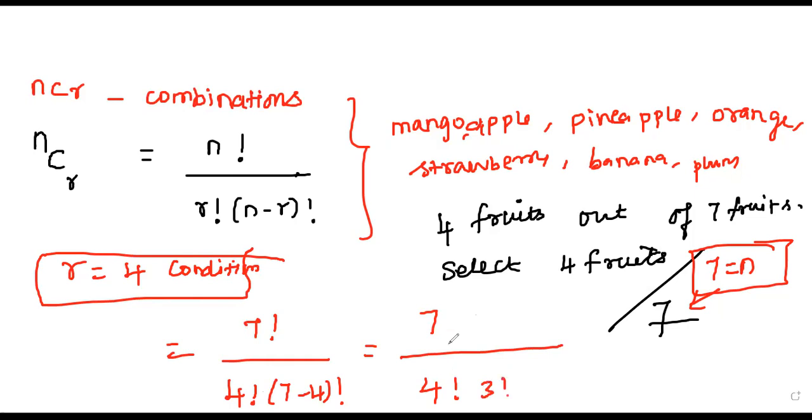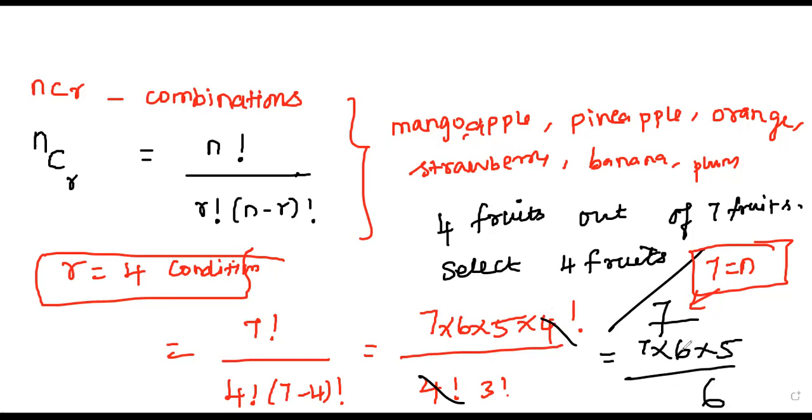Maybe I'll write it like 7 into 6 into 5 into 4 factorial. So that way, I'll be able to cancel out this 4 factorial and this 4 factorial. I'll be left with 7 times 6 times 5 upon 3 factorial. 3 factorial is 6. This 6 and this 6 will cancel out each other. So it's 7 times 5, which means I have 35 possibilities.